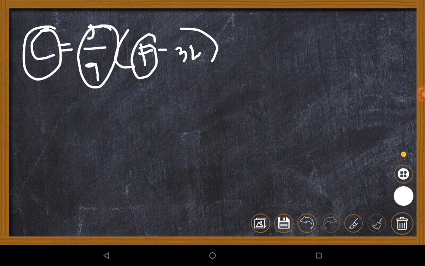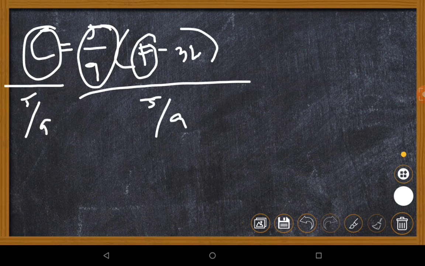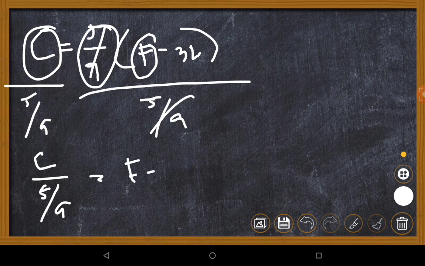In order to eliminate this one, we need to divide both sides by this fraction. So this will cancel this fraction. Now what's left is Celsius over 5/9 is equal to Fahrenheit minus 32.